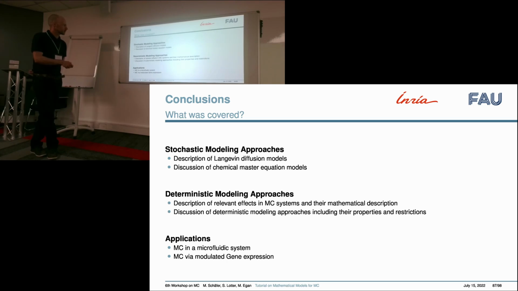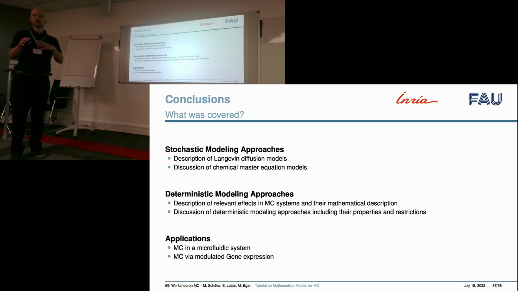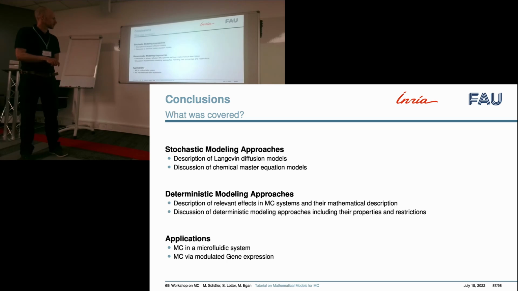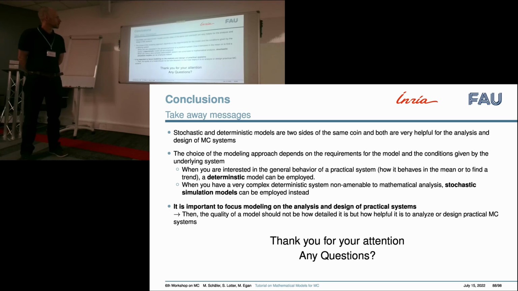Then in the second part, we learned some methods for how to model MC systems in a deterministic scenario. So we have seen the reaction diffusion master equation in the end, and some solution techniques in terms of the transfer function, separation of variables, and so on. And finally, in the third part, we have seen some application examples.